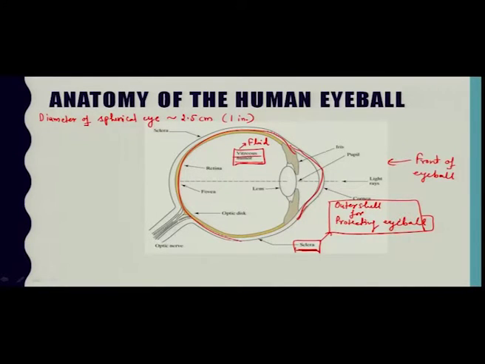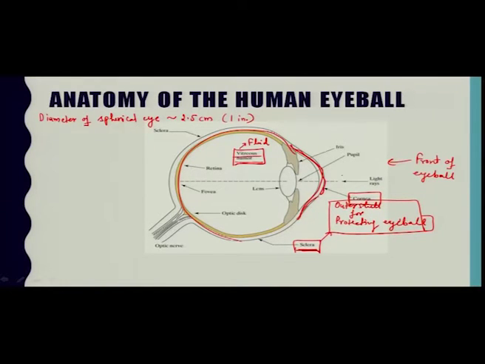That particular modified region is known as cornea. The cornea is a transparent and protective covering, and it is the eyeball window as well. As you can see from the figure, this cornea is more curved than the rest of the eyeball.